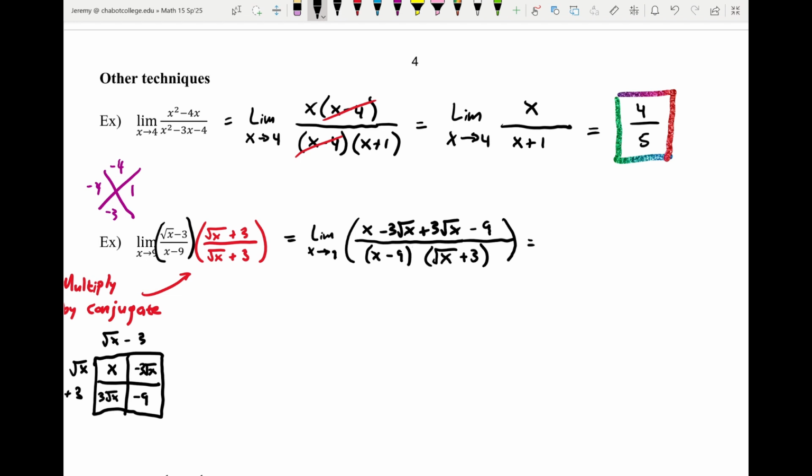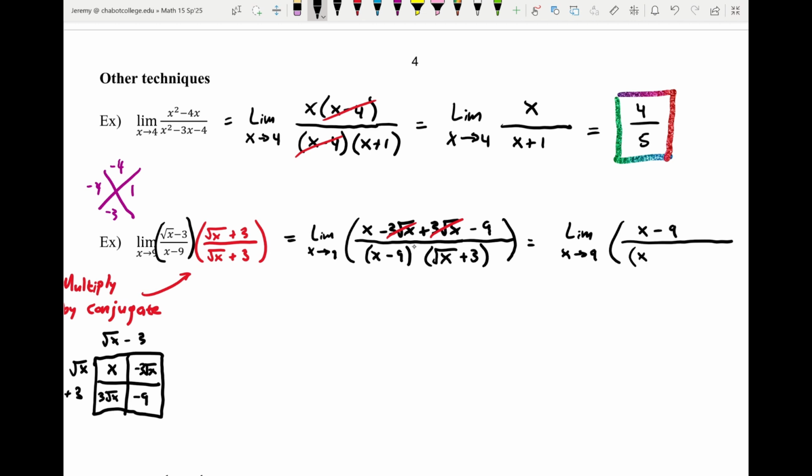Because I think something kind of nice is going to happen here. What happens to our numerator? Well, we have a negative 3 root x and a positive 3 root x. Those are going to add together to become 0. So we're just left with x minus 9 in the numerator.